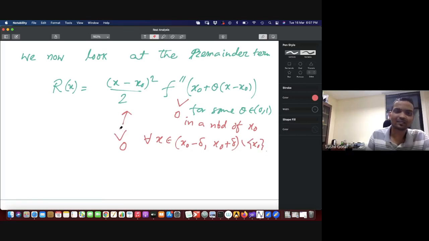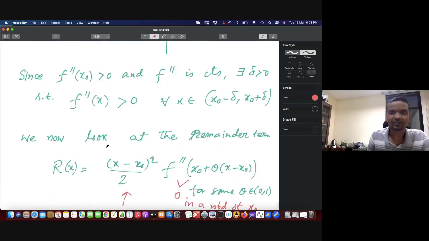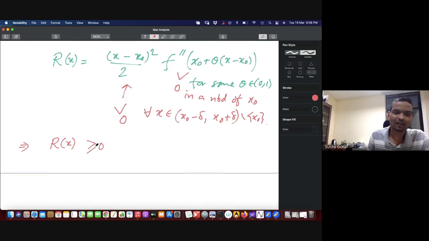All right, so this implies Rx is greater than or equal to 0. Actually, what I need is strictly greater than 0 on x naught minus delta, x naught plus delta minus the point x naught.